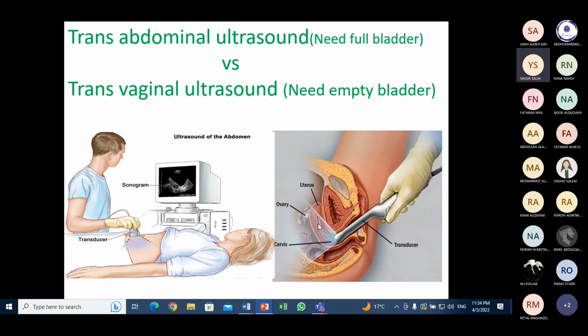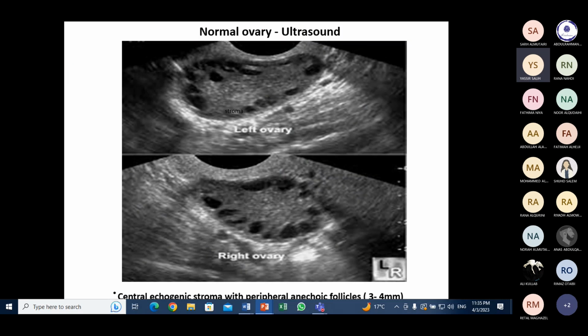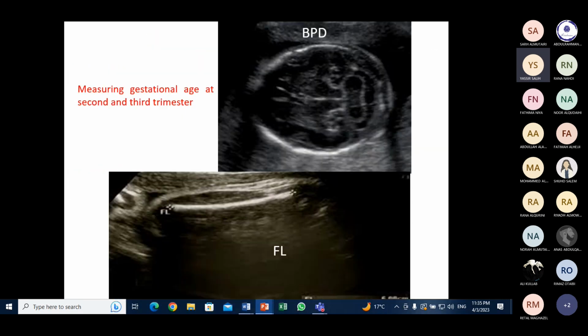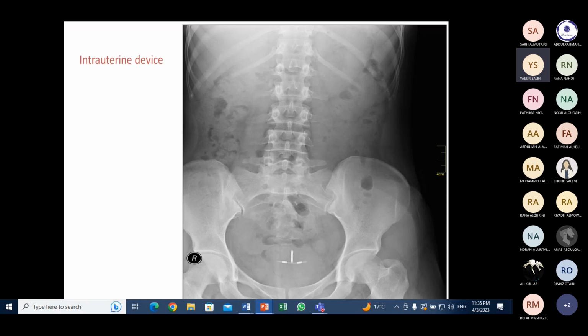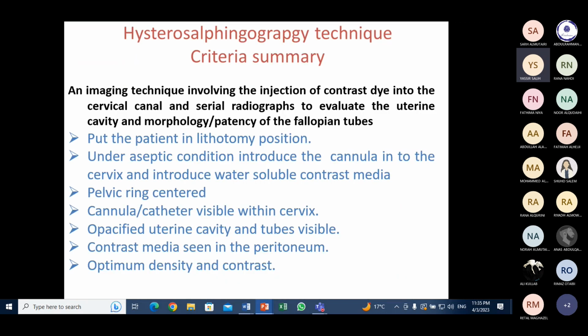Normally we know the uterine cavity is connected to the fallopian tubes bilaterally, so the contrast then goes to the fallopian tubes. We know the lateral part of the fallopian tubes opens freely into the peritoneal cavity. If the fallopian tubes are normal or patent, we expect the contrast to fill the uterine cavity and the tubes. If blocked, this is considered abnormal, and that is another issue. But normally, to put the patient in the lithotomy position, we give contrast.